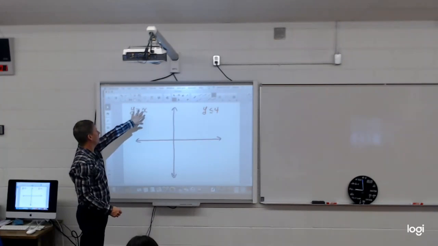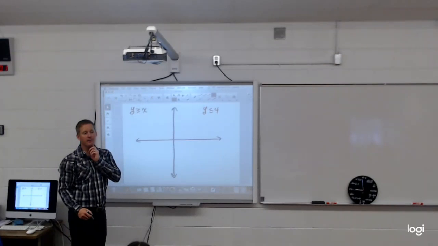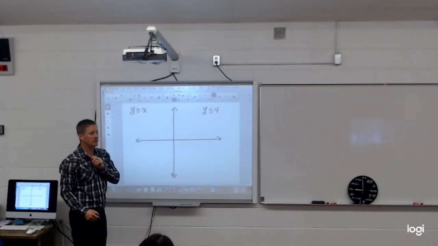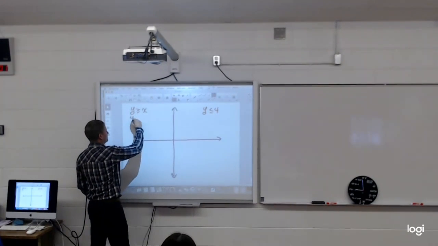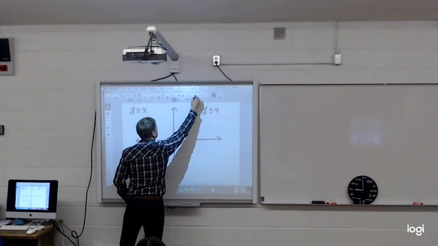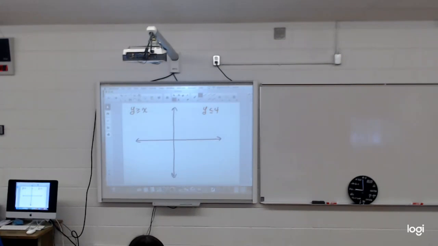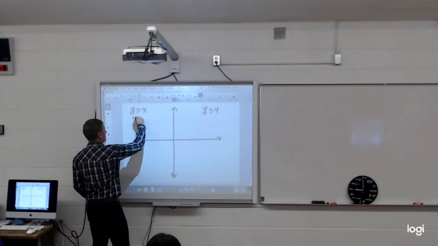All right, first of all, y is greater than or equal to x. What's the first thing that we need to do in order to graph this? Make it an equal sign, right? Okay, so now I've got y is equal to x.